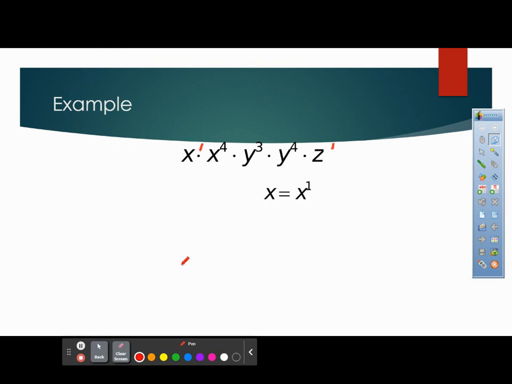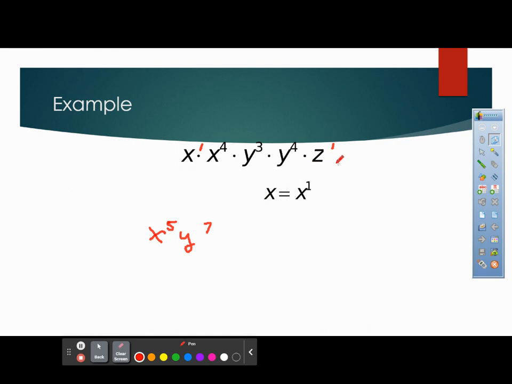So x to the first times x to the 4th, which is what? x to the 5th power. Then y to the 3rd times y to the 4th. What's y to the 3rd times y to the 4th? y to the 7th. So x to the 5th times y to the 7th.